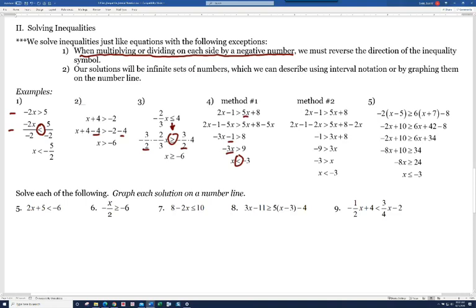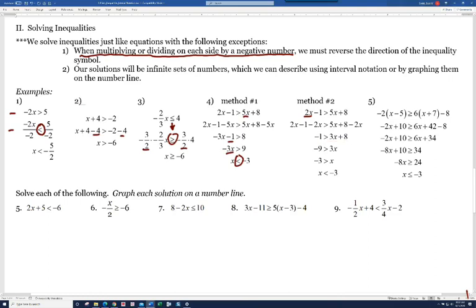It's only when I got to the point where I divided by a negative. Now I'll just give you a tip. When I solve these types of inequalities, I normally keep x on the left, and it helps me avoid one little issue that we're going to talk about. What if you decide you want to keep x on the right? Well, in that case, I would have subtracted 2x on both sides, which I did here, and you end up with this equation here.